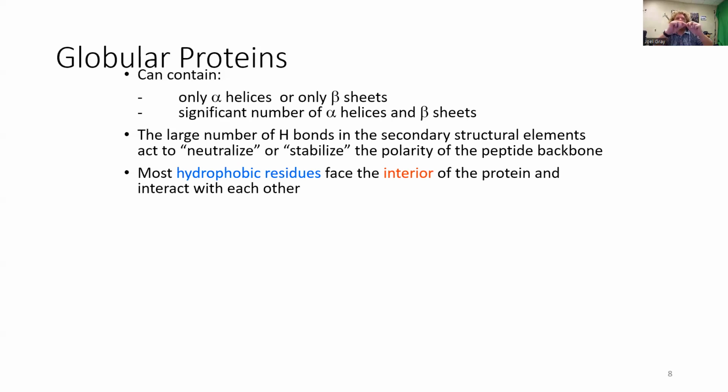Think about that. When you're looking at the primary structure of a protein, so just looking at the amino acids that compose that protein, if you can say amino acids 10 through 15, for instance, are all super hydrophobic, and examples would be something like leucine or valine, and phenylalanine.